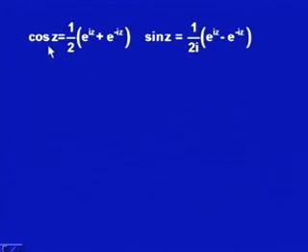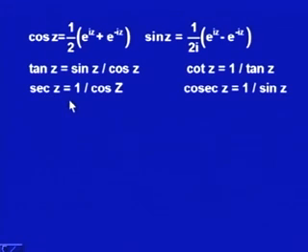Using this, we can extend this idea to the cosine function of a complex variable z as half of (e^(iz) plus e^(-iz)), and sine of z is 1 upon 2i into (e^(iz) minus e^(-iz)). So, that is how we introduce the concept of sine and cosine functions of complex variables z, in terms of exponential functions.